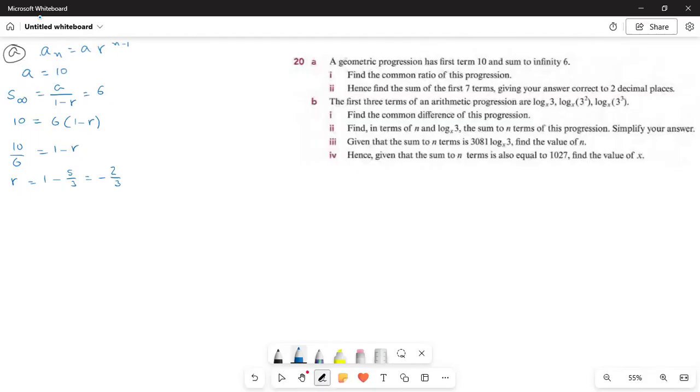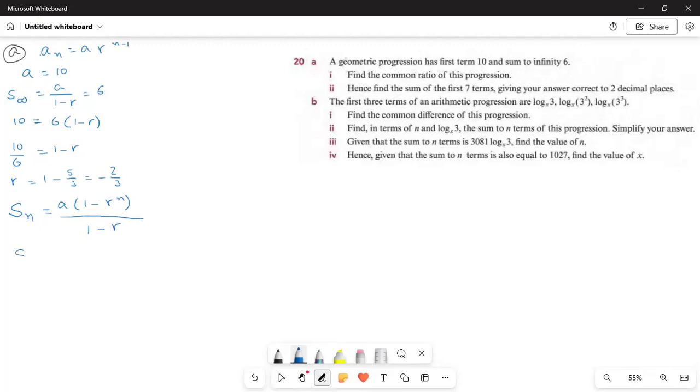Find the common ratio. Yeah, this was the first part. Hence, find the sum of the first 7 terms. Okay, remember in a geometric progression, the sum of n terms is equal to a into 1 minus r power n over 1 minus r.